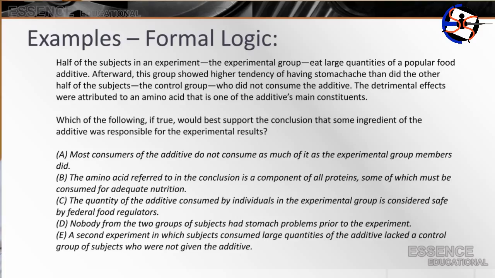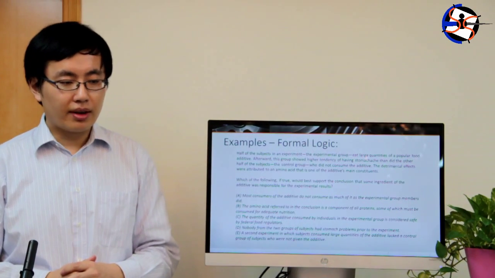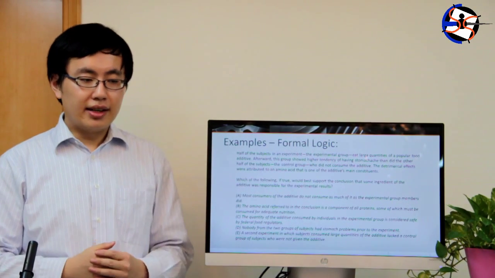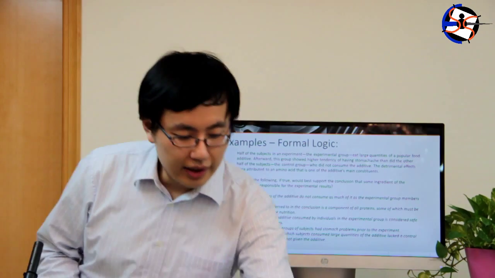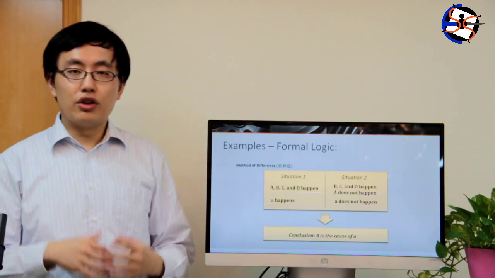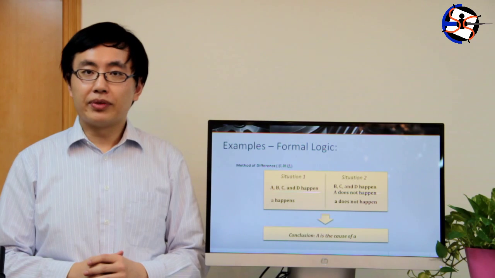The detrimental effects were attributed to an amino acid that is one of the additive's main constituents. Which of the following, if true, would best support the conclusion that some ingredient of the additive was responsible for the experimental results? So after you read this passage, let's first introduce to you the knowledge about formal logic.